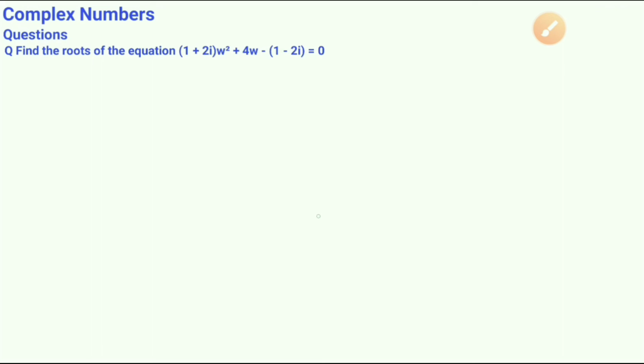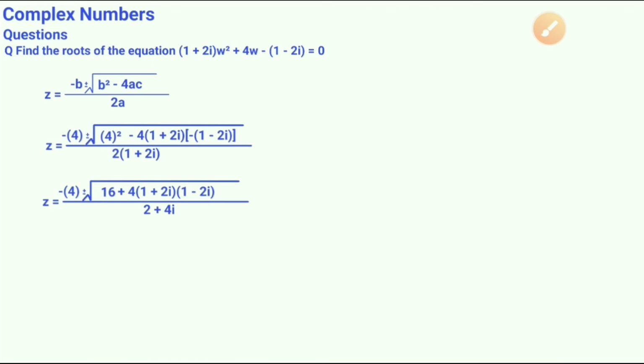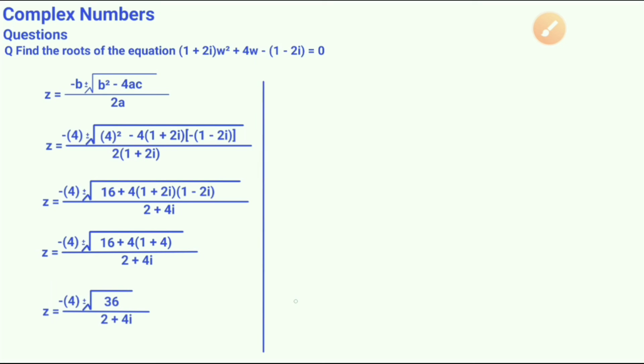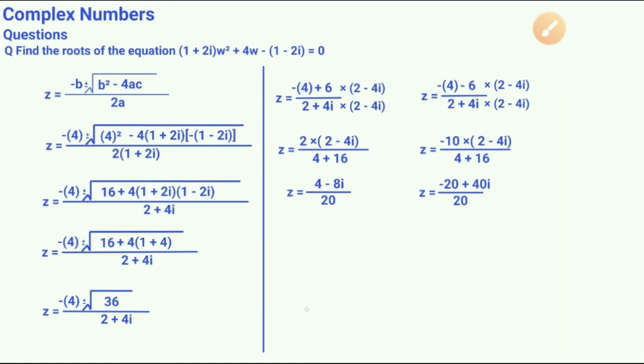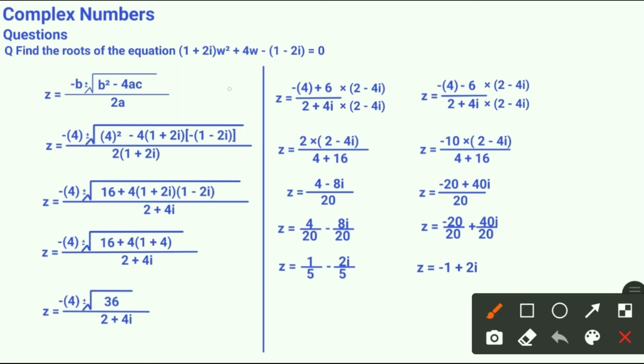Find the root of the equation (1 plus 2 iota) w squared plus 4w minus this equals 0. That was very fast.